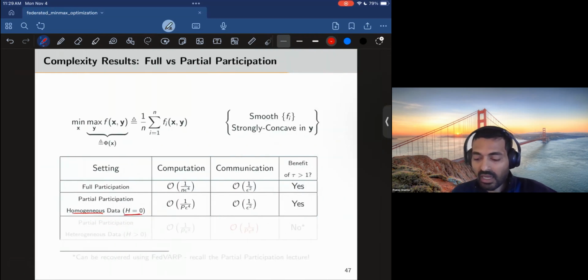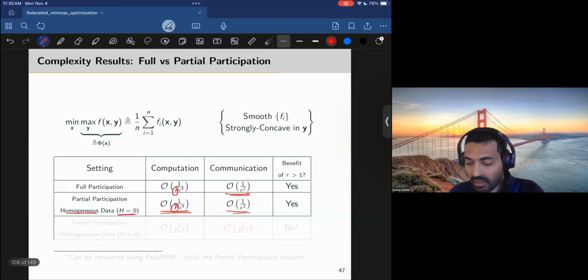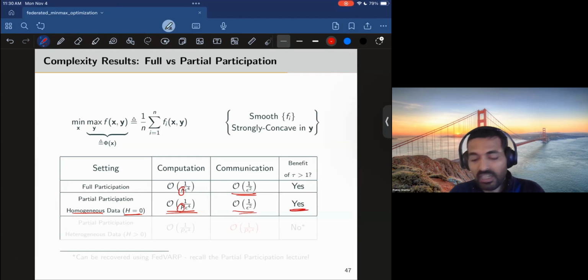And indeed, our results are very similar. This is our computation complexity, where we just replace N with P. And the number of communication rounds is also very similar. So in this case, indeed, there is benefit of running multiple local steps because we see this communication saving.